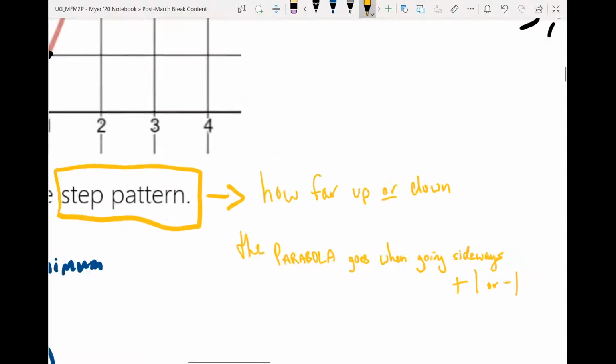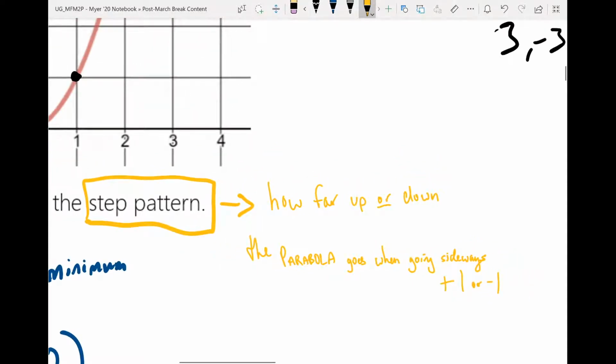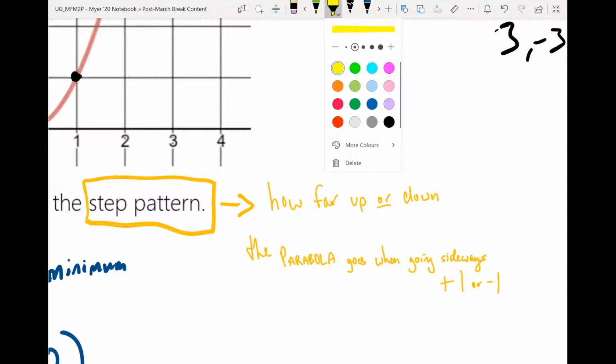Okay, so it's how far up or down the parabola goes when you move sideways, when it goes sideways one, and I'll show you an example.